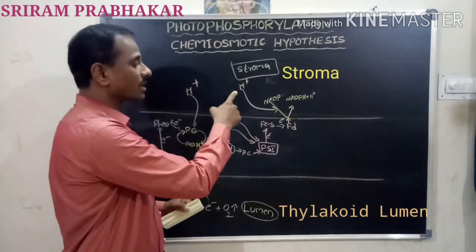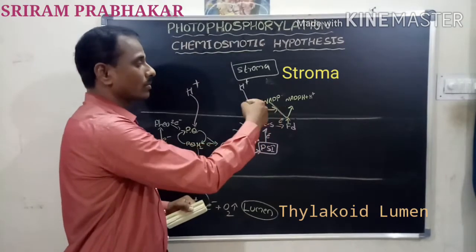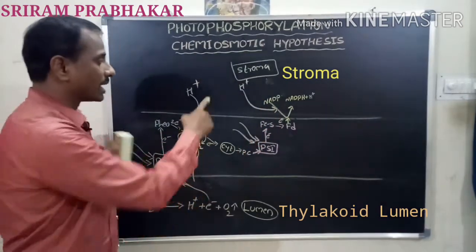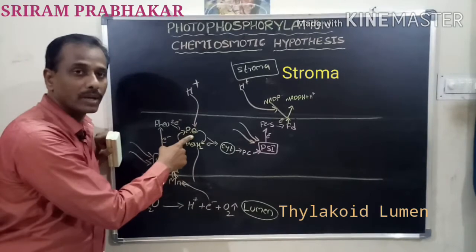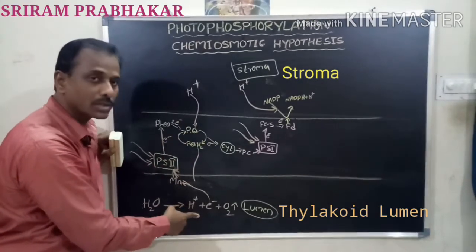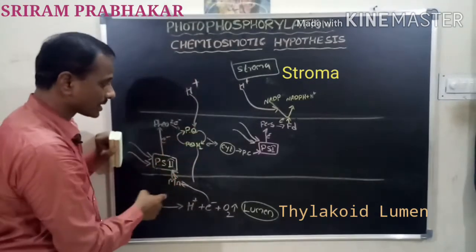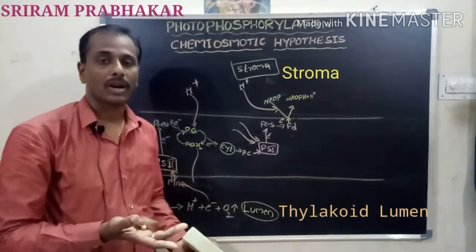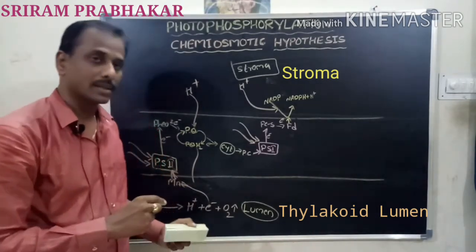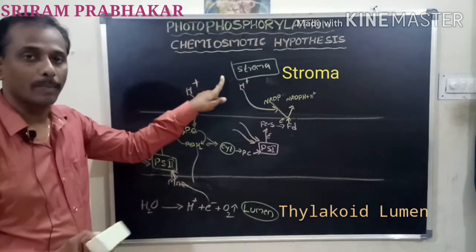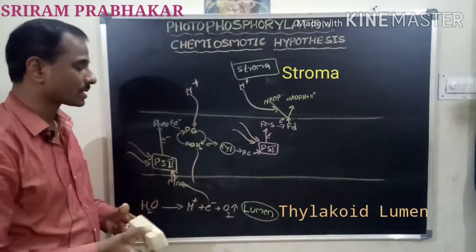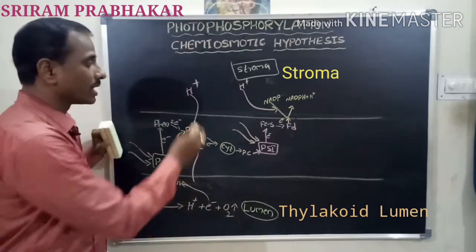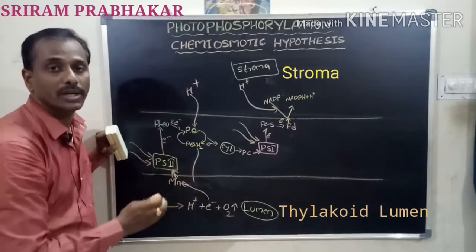How? H plus ions are transported to NADP, and NADPH2 is formed here. H plus ions are supplied to the plastoquinone and finally reach the lumen. In these two processes, the number of proton ions in the lumen is increased compared to the stroma. Due to this process, what is happening here? The pH value is differentiated.